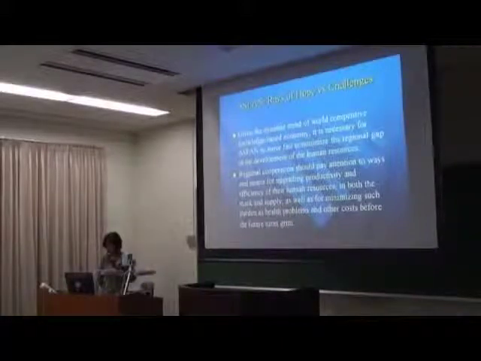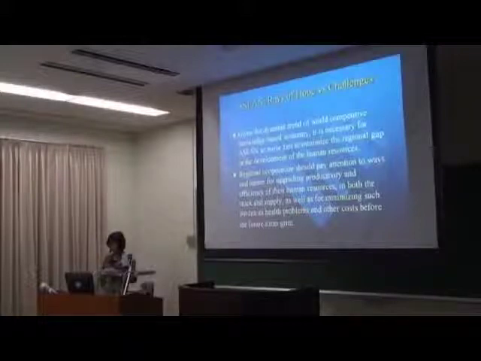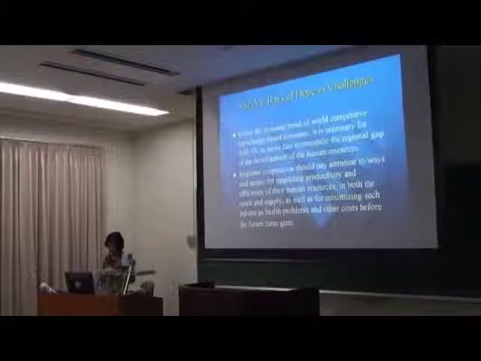I'd like to go a bit faster. Regional cooperation should be a highlight, not only for the particular nation to do something, but we also need some kind of regional cooperation to upgrade the productivity and the quality of the human resources in order to minimize the burden.